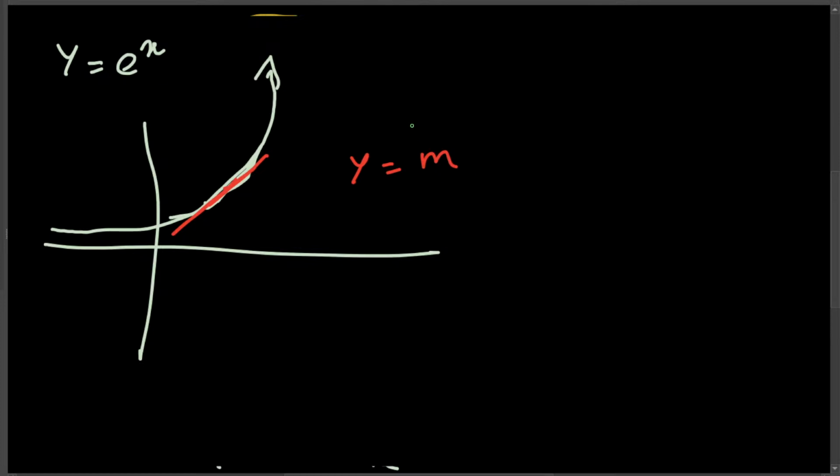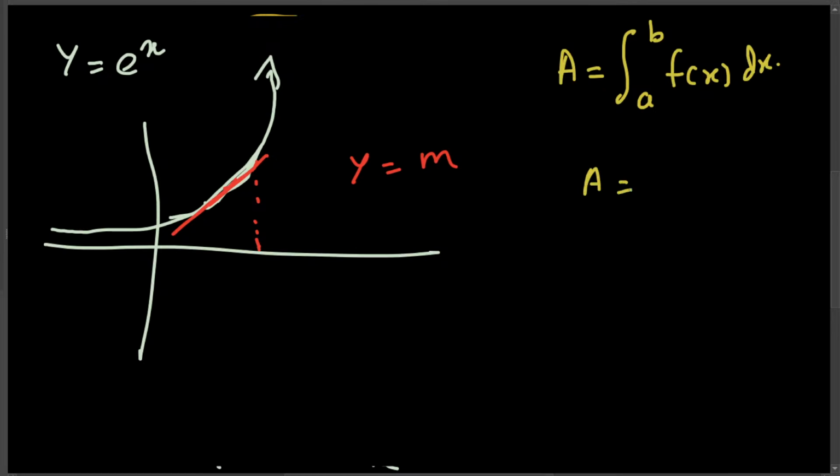And you can also find the area of a certain part of this graph by integrating. Let's look at the area equation. The area is given by the definite integral from a to b of f(x) dx.